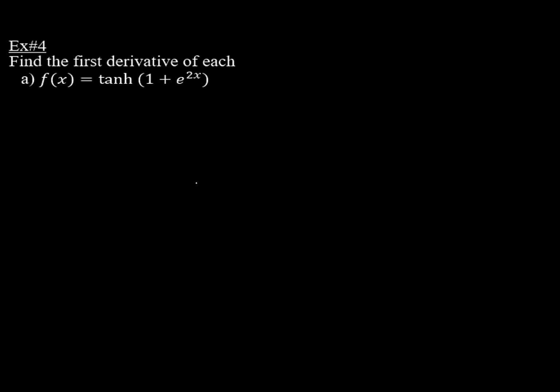So I need to find the derivative for the following function. If I look at this here, I'm going to find the first derivative. Okay, the derivative of the tanh is the hyperbolic secant squared.